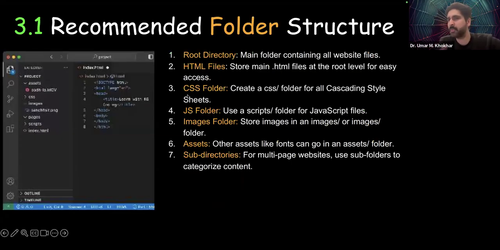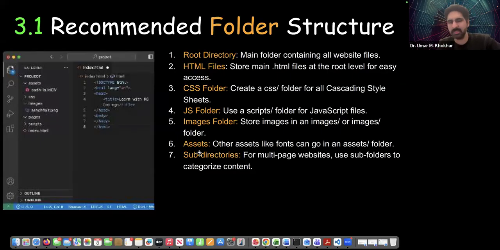CSS folder, if you have any styling, we will do that later on. We should have all the styles, fonts, colors, etc., in a different folder. JavaScript, other folders. Images, you should put all the images in a folder. If you have, for example, fonts or videos, you can put them under assets. And all those folders can have subdirectories. This is just a recommendation.